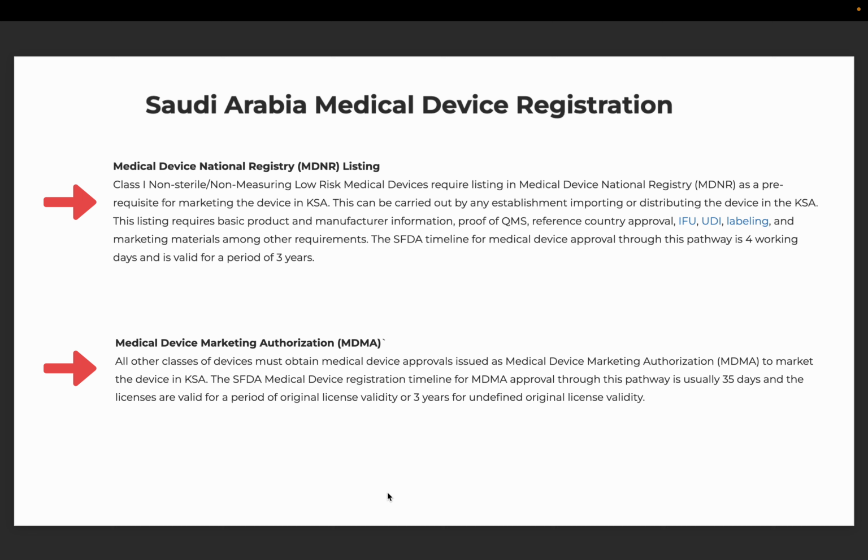As the name suggests, you need to get authorized by the SFDA to market your product in the territory of KSA. So other than class 1 devices, they need to follow this regulatory pathway. The timeline for this pathway is usually 35 working days and its validity is 3 years.